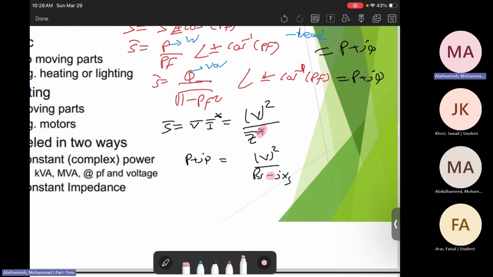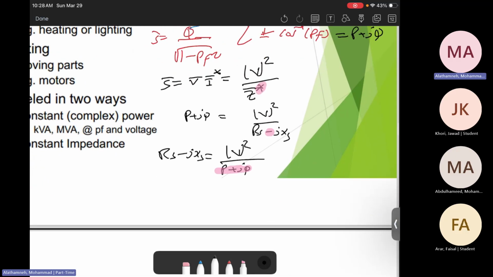So we can say Rs minus jXs equals the magnitude of V squared divided by P plus jQ. Now we have a complex number in the denominator, therefore we need to multiply by the conjugate, P minus jQ divided by P minus jQ.